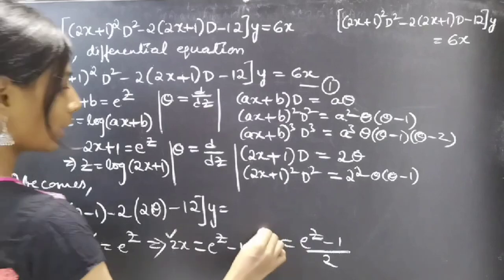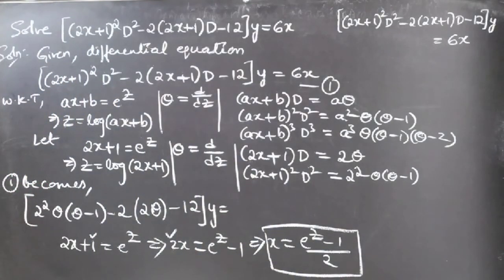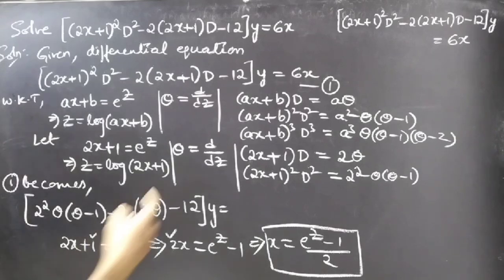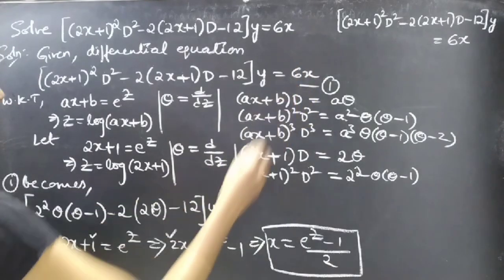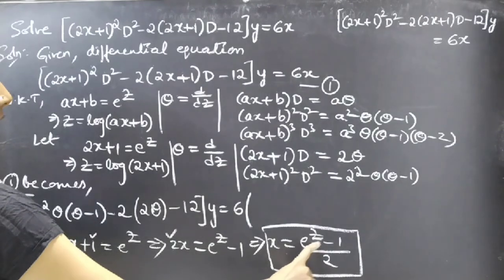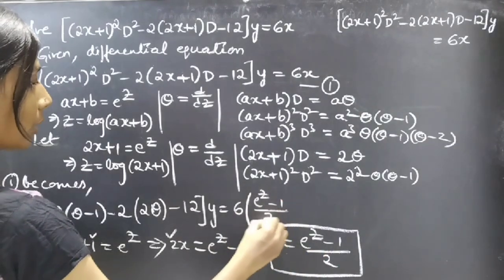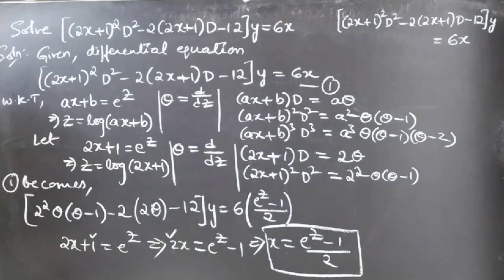So from this you got x, which is e power z minus 1 by 2, right? Now the RHS part becomes 6 into, replace x by e power z minus 1 by 2. You'll get e power z minus 1 by 2 here.